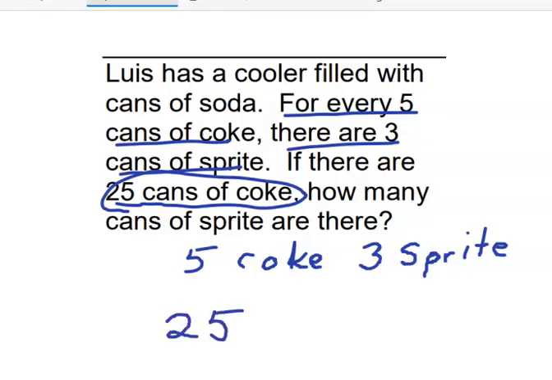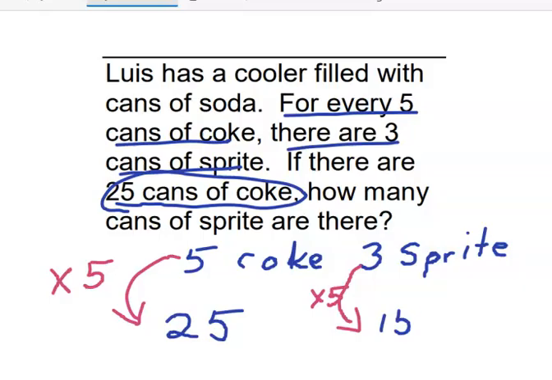So how much does that increase by? To get from 5 to 25, we have to multiply by 5. So to get the same ratio, we're going to have to take the 3 and also multiply that by 5 to keep the ratio the same. If we do that, 5 times 5 is 25. 3 times 5 is 15.